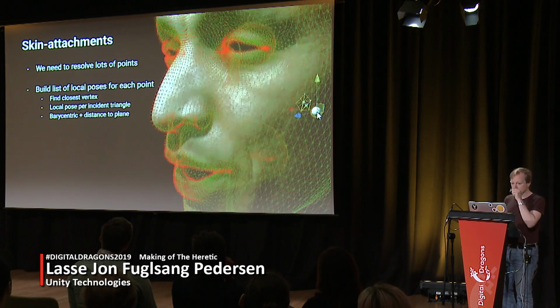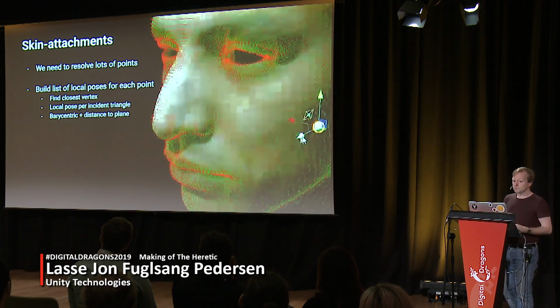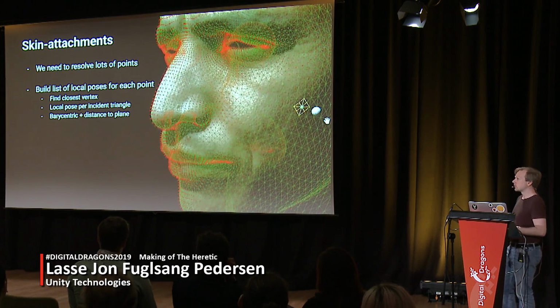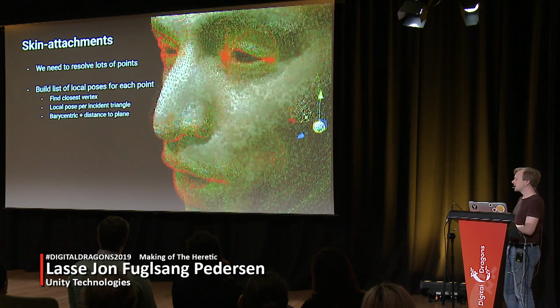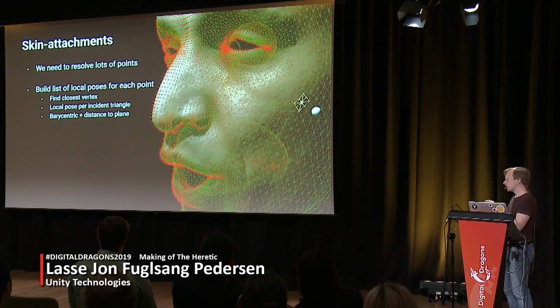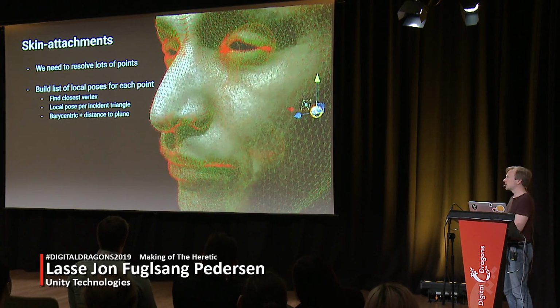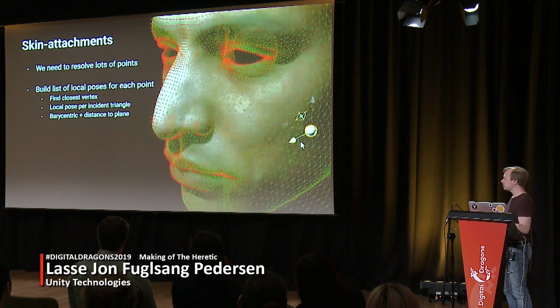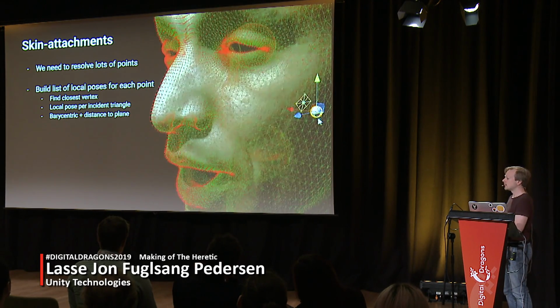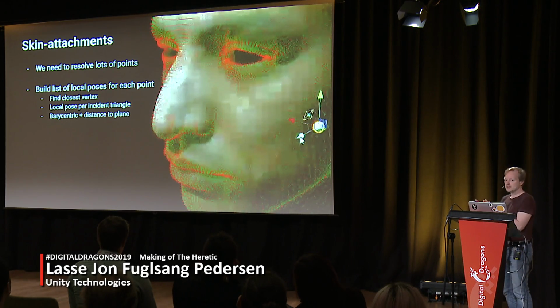The way we do this is that we build a system that allows us to build a list of poses for each point. And so we gather all the points from all the attached meshes for haircuts, eyebrows, eyelashes, and stubble. All of this is authored and then posed so that it aligns with the neutral.